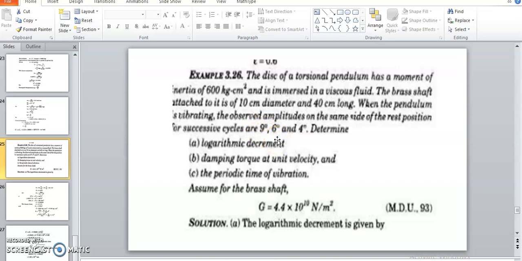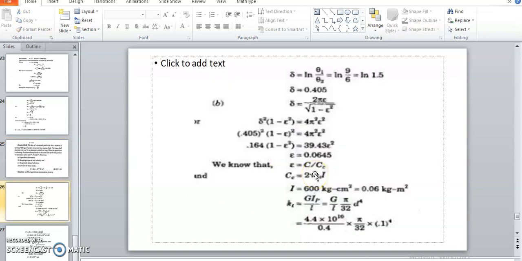These terms are different in torsional vibration, but the analogy remains the same. You can find the logarithmic decrement, damping torque at unit velocity, periodic time, similar to the longitudinal vibration that we discussed earlier.